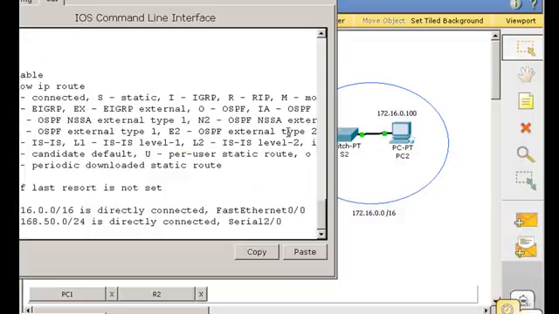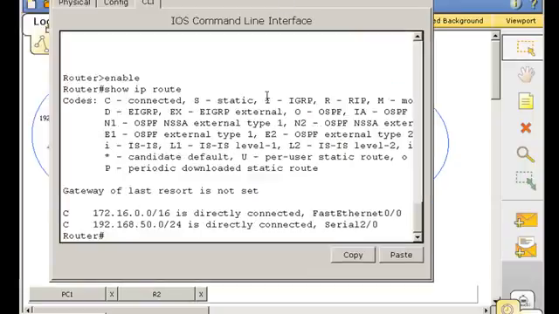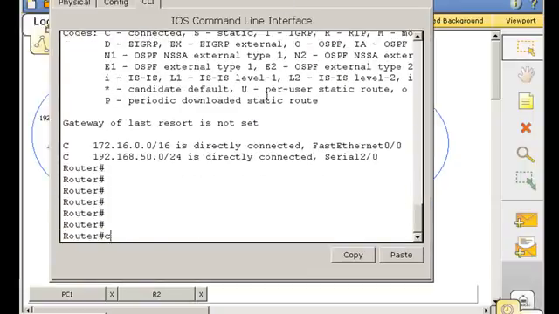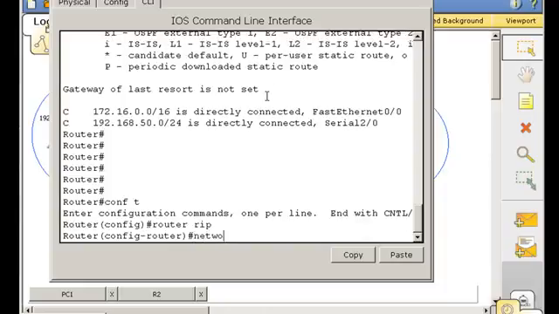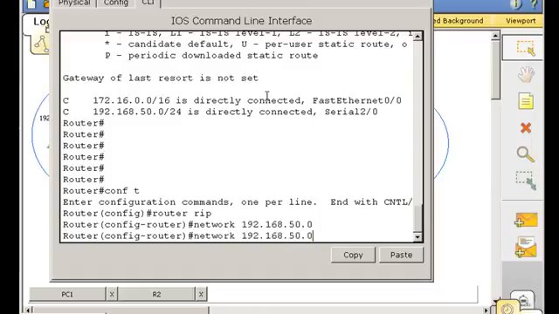Now for this router, we do the same thing for its two networks. So I'll just hit return a bunch of times, conf t, which is short for configure terminal, and then I'll say router RIP, and I'll tell it about its two networks, network 192.168.50.0, and up arrow, we're going to say 172.16.0.0.